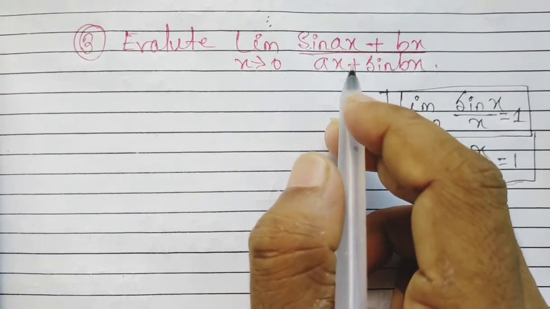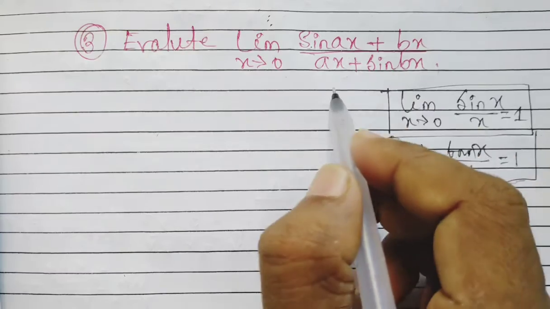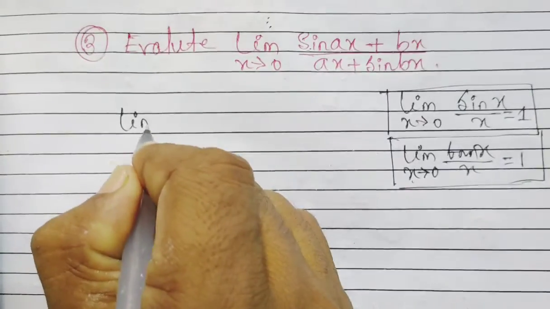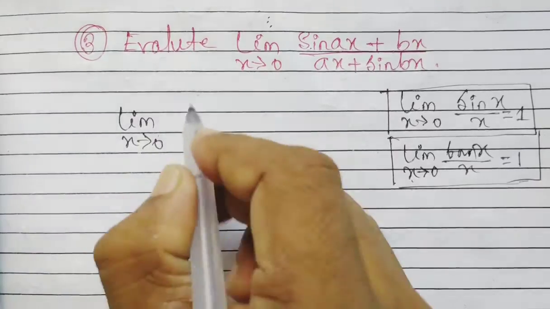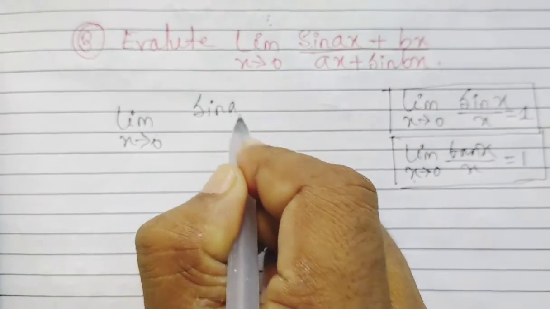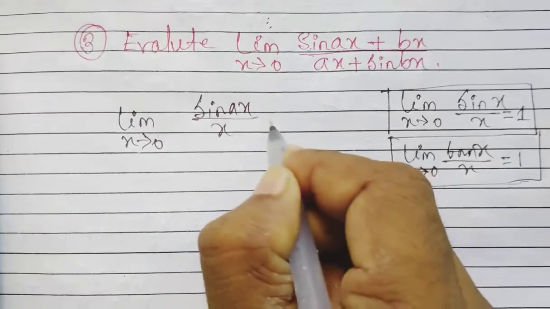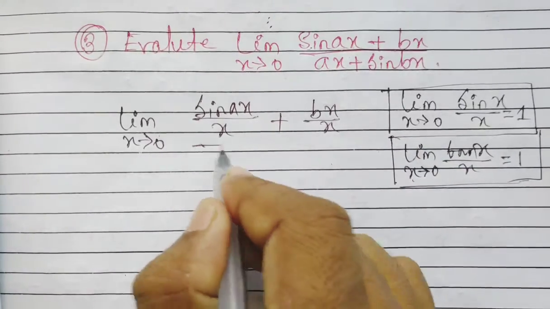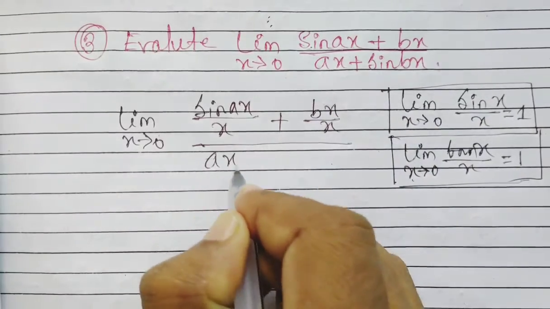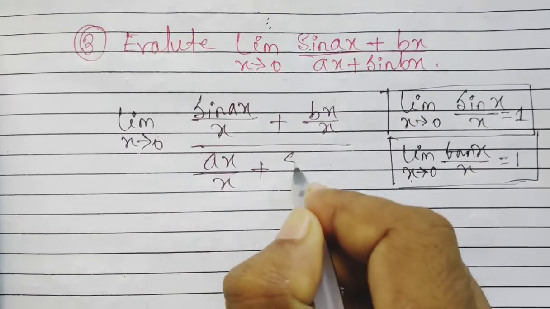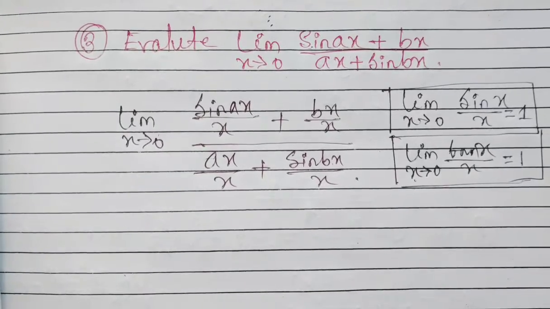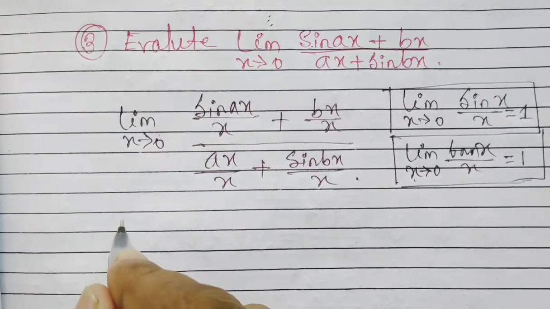At first, dividing both numerator and denominator by x, we get limit x tends to 0 of (sin ax by x plus bx by x) by (ax by x plus sin bx by x). Now just separate the limit.